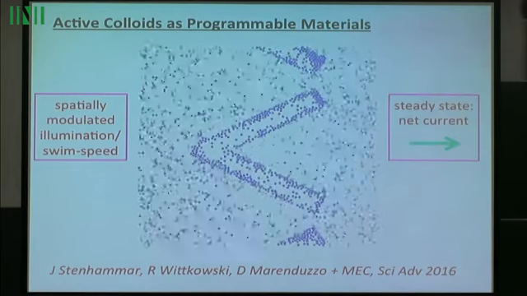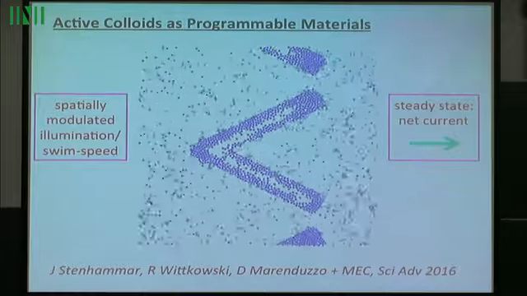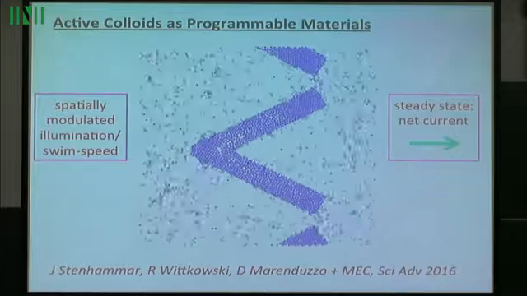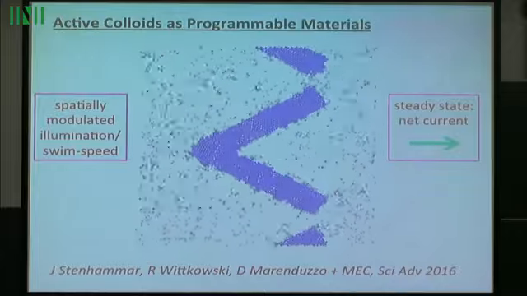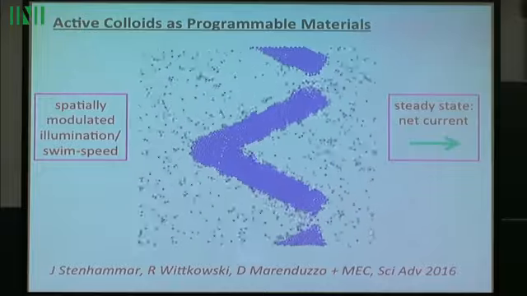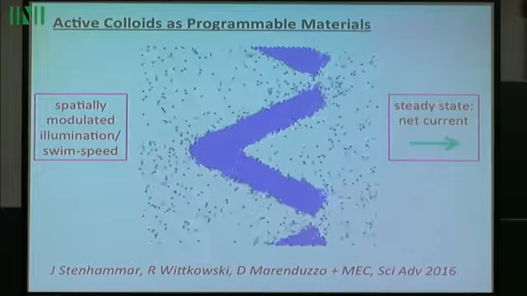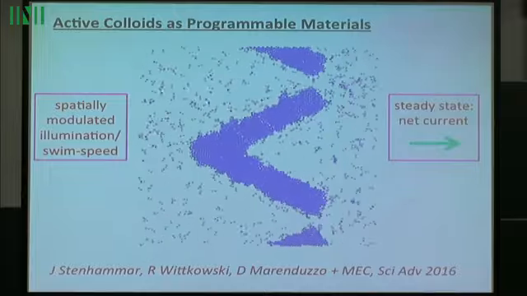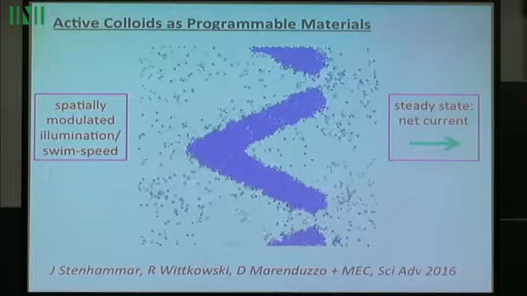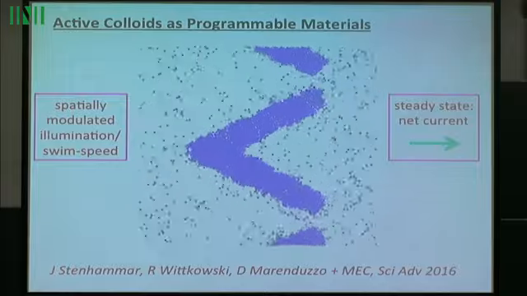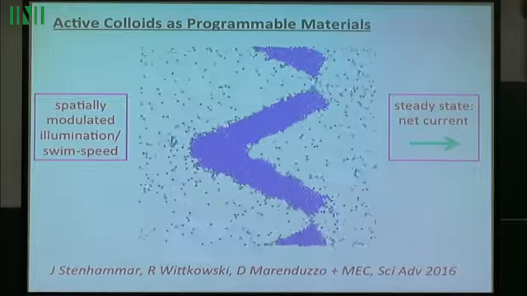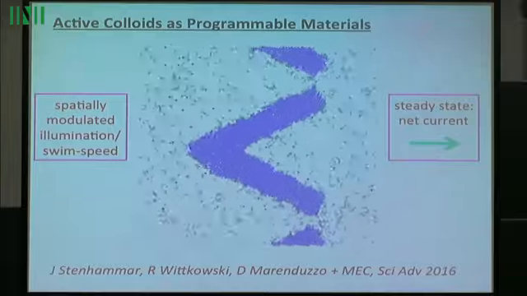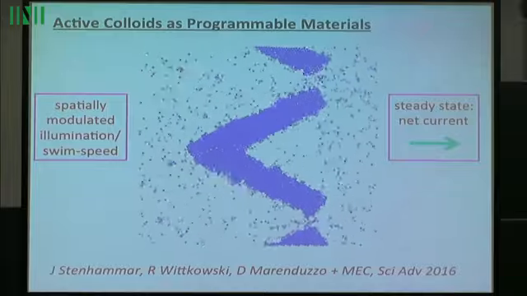In particular, you can guess the light pattern, and with periodic boundary conditions, this system sets itself up in a steady state circulating around the boundary conditions with a flux to the right, which is the exact counterpart of the rectification I described before. That's interesting, because I could imagine coming in with spatial light modulators and so on, issuing instructions to my particles and designing some kind of self-assembled object which then has some sort of functionality.